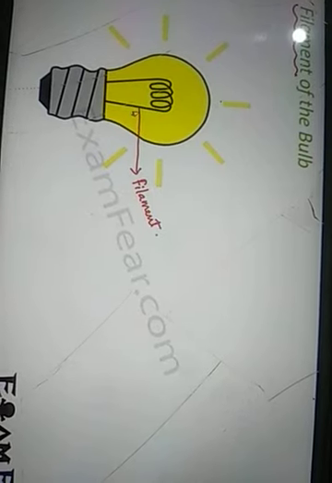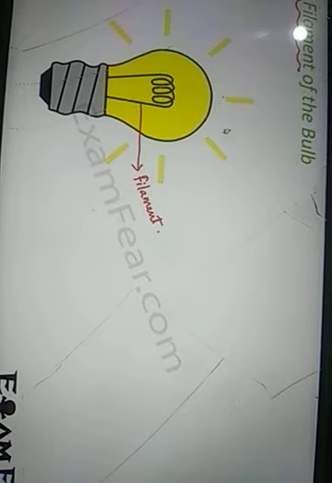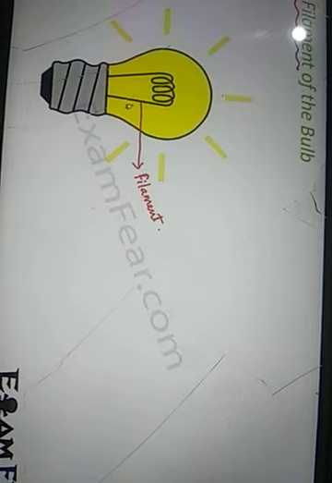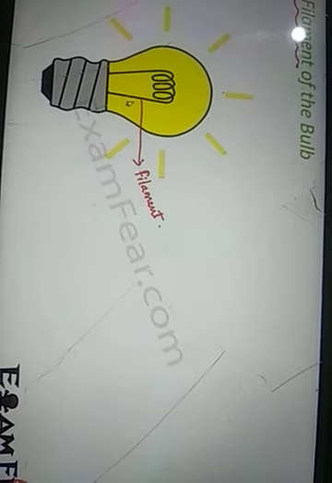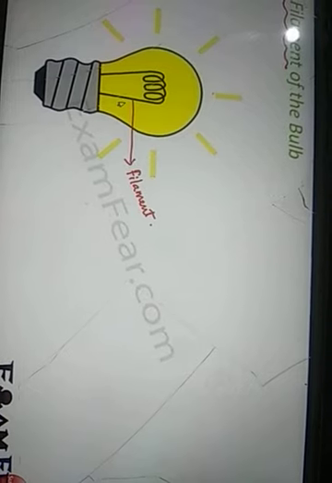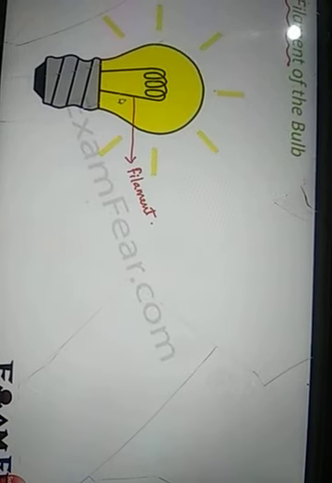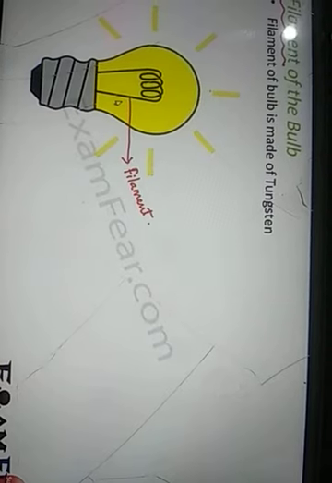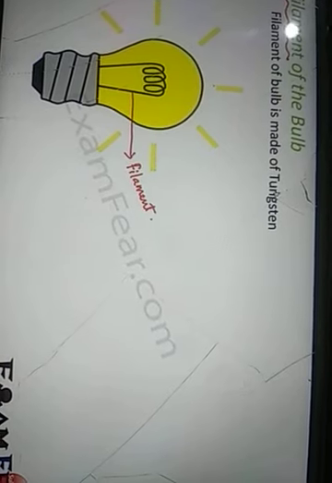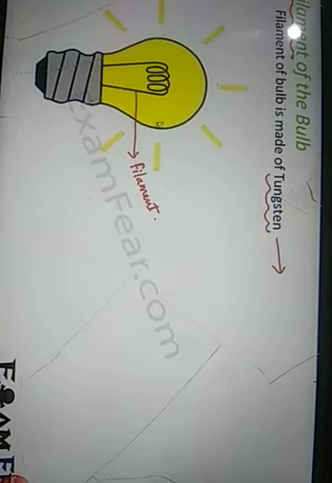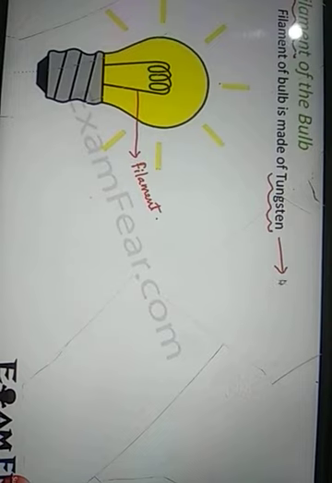Therefore we need to choose a metal which has a very high melting point, that means it will melt only at a very high temperature. So the filament of the bulb is made up of a metal called tungsten. It has a high melting point.